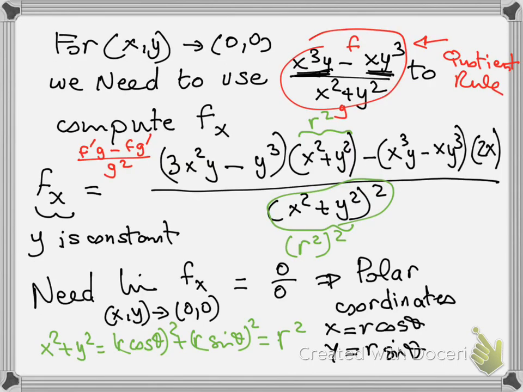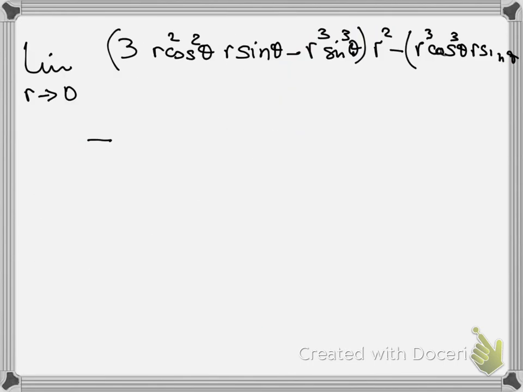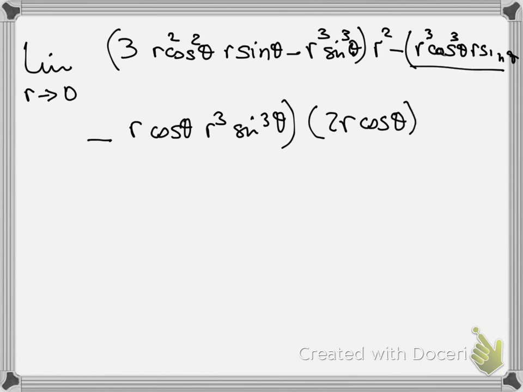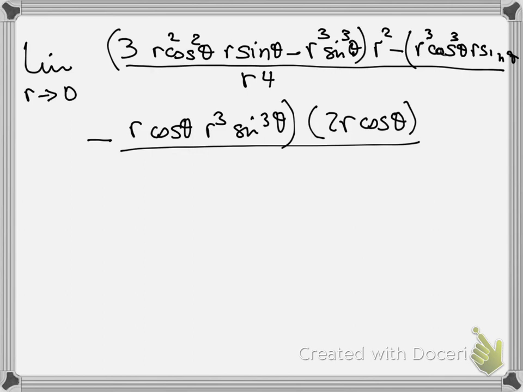So we have xy cubed now, so it's minus r cosine r cubed sine cubed of theta, times 2x, so it's times 2r cosine of theta. And then the whole thing here divided by r to the 4th. Okay. But anyway, so there will be limit r goes to 0.